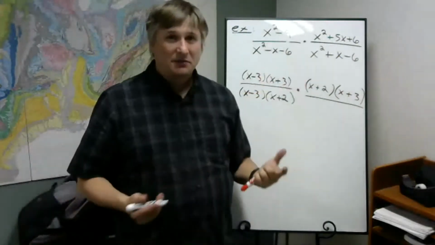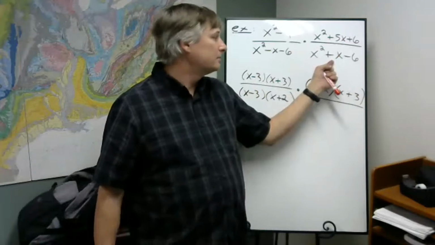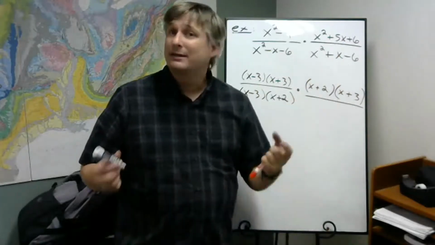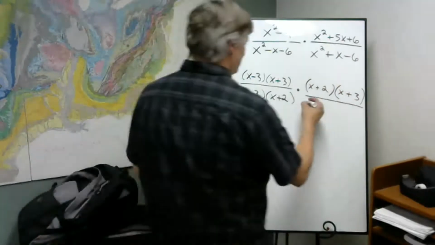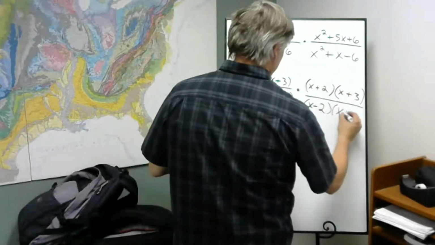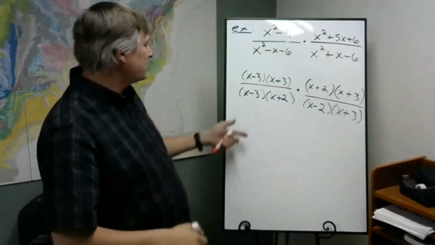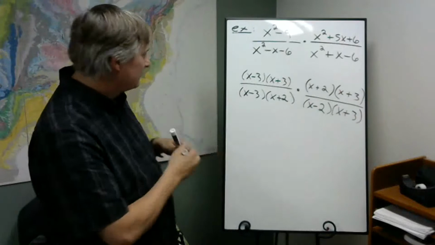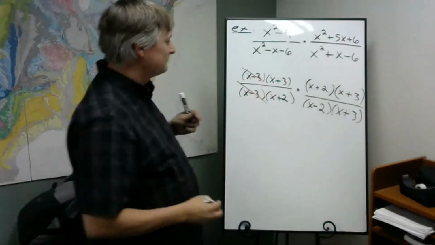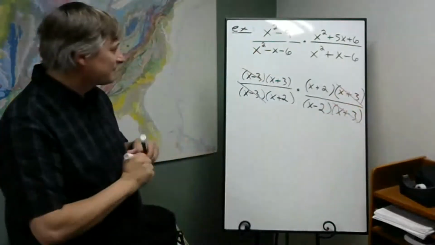Same thing here, guess and check. So two numbers that add up to +1 and multiply to -6. 3 and -2. Now you can start canceling things here. I mean, we have a x minus 3 and x minus 3 that'll go away. Here's a x plus 3 and x plus 3 that'll go away.